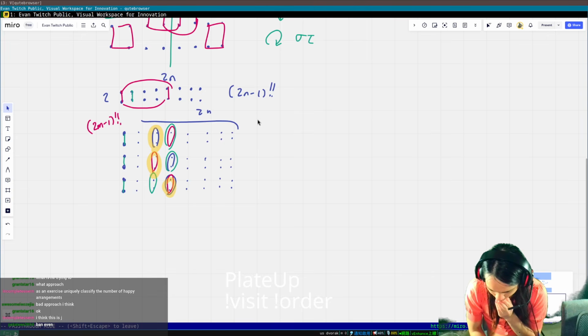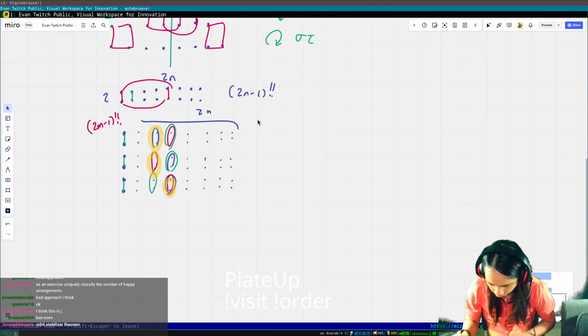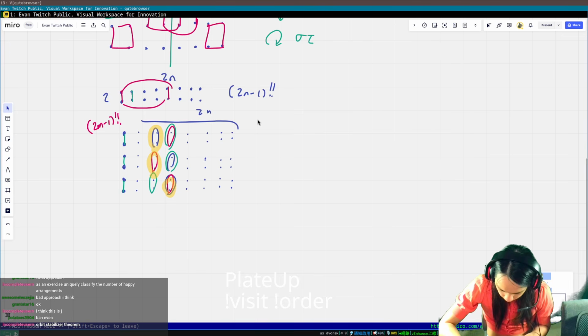But I guess the question is, am I exploiting too much symmetry? Actually, I've been doing both up, down, and left, right, but I think I should just do left, right.